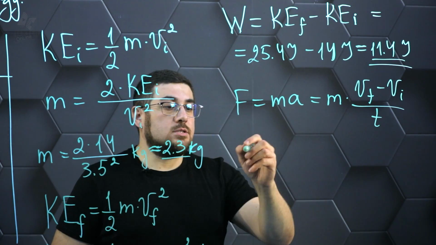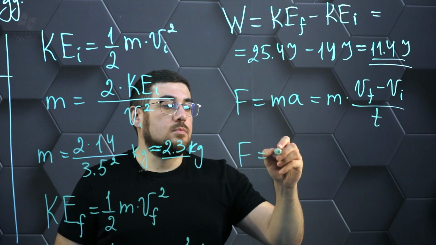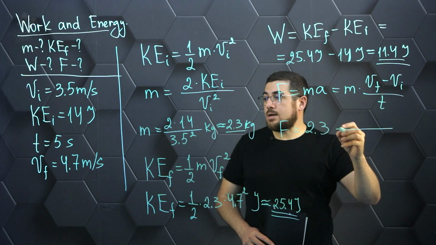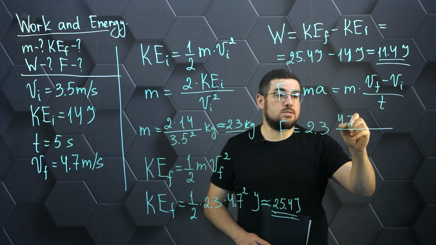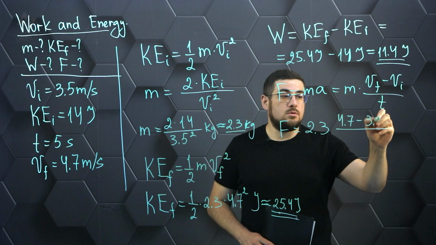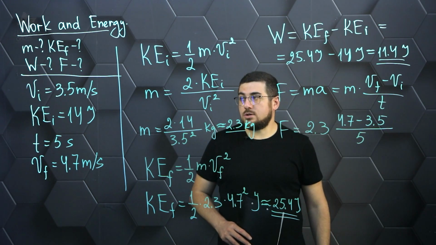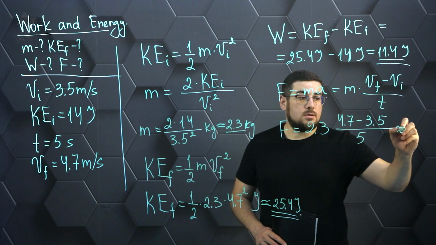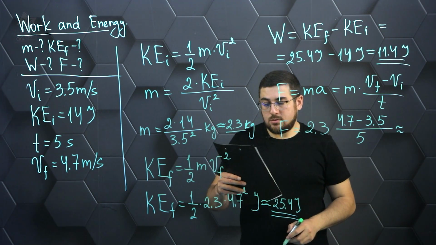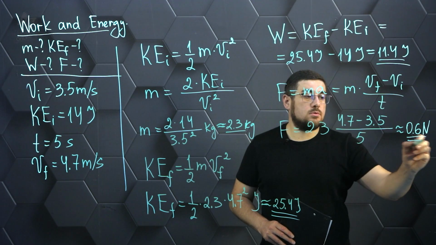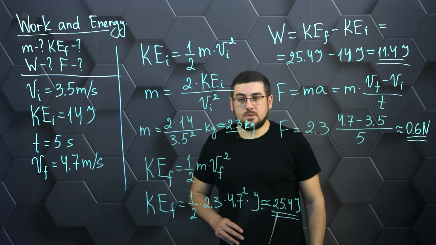And let's do the calculation. So 2.3 times the difference between the two velocities, divided by the time of the motion. So, roughly the answer is 0.6 newtons. That is the magnitude of this force.